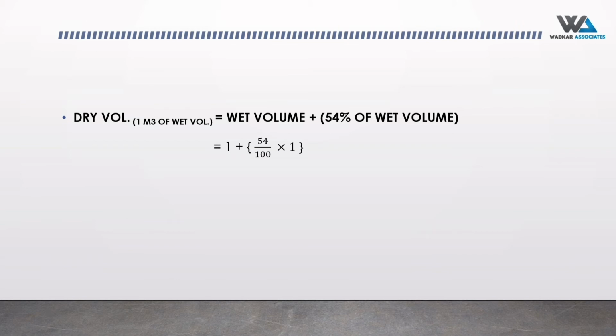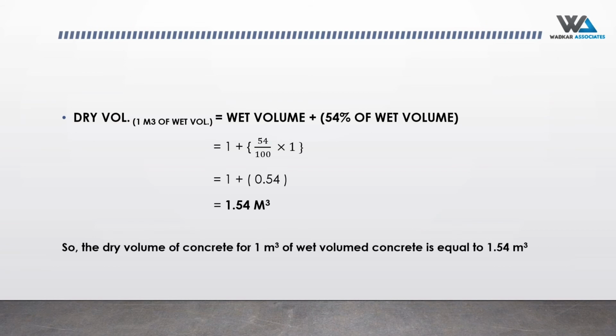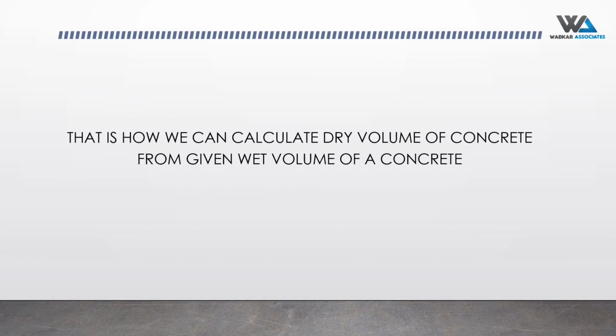So, 54 divided by 100 will be 0.54 into 1, which will be 0.54. So, the dry volume of a concrete for 1 meter cube wet volume of a concrete is equal to 1.54 meter cube. In other words, the dry volume will be 54% more than its wet volume. So that's how we can convert wet volume of a concrete into dry volume of a concrete.